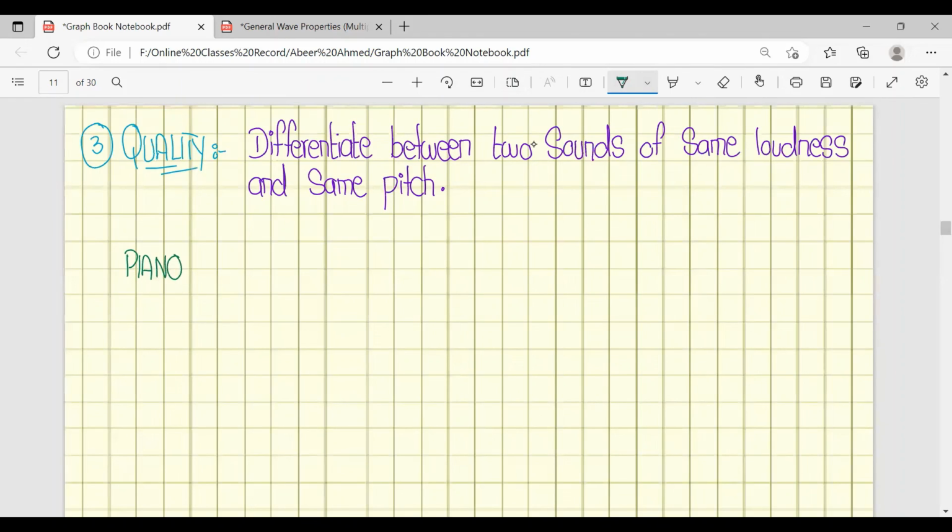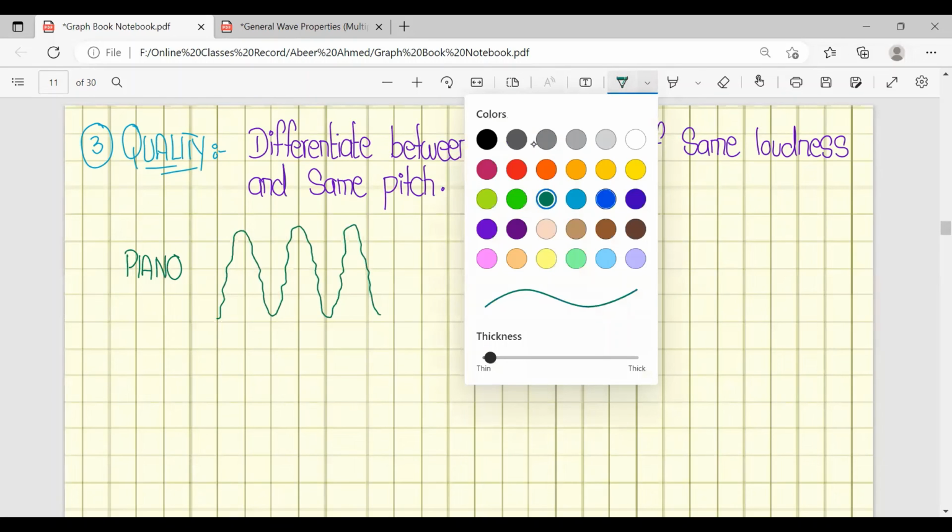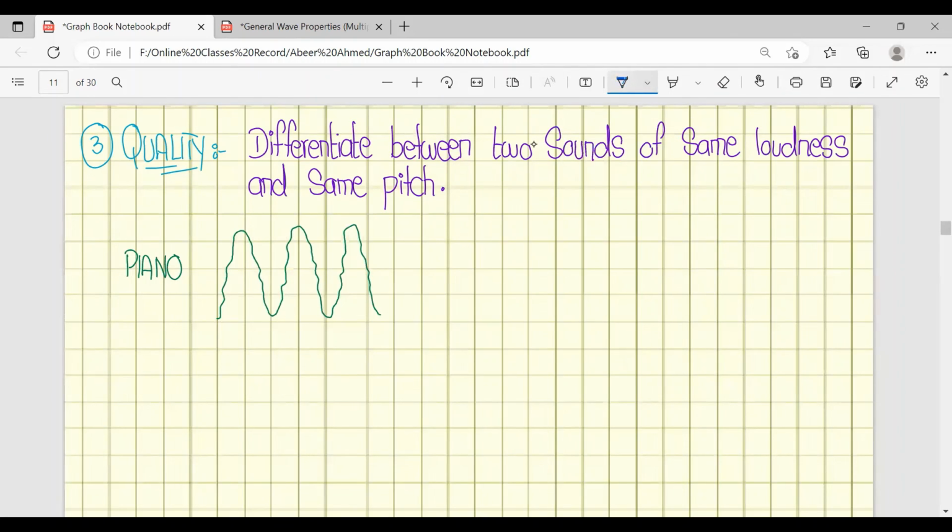and try to draw a waveform for the piano. Suppose the wave for the piano is going to be like this. Do you feel any difference in this wave? Yes, this wave is wavy or shaky, right?